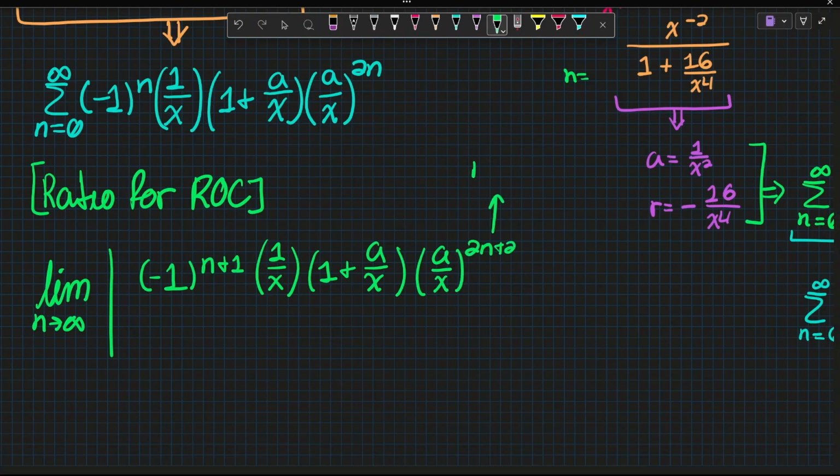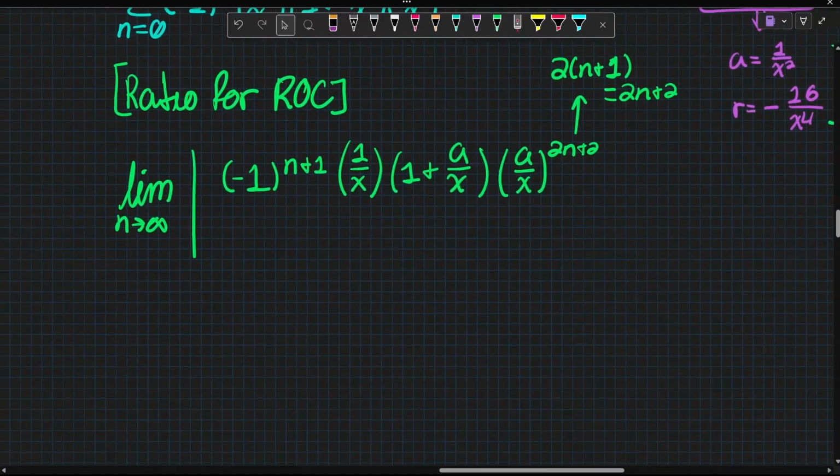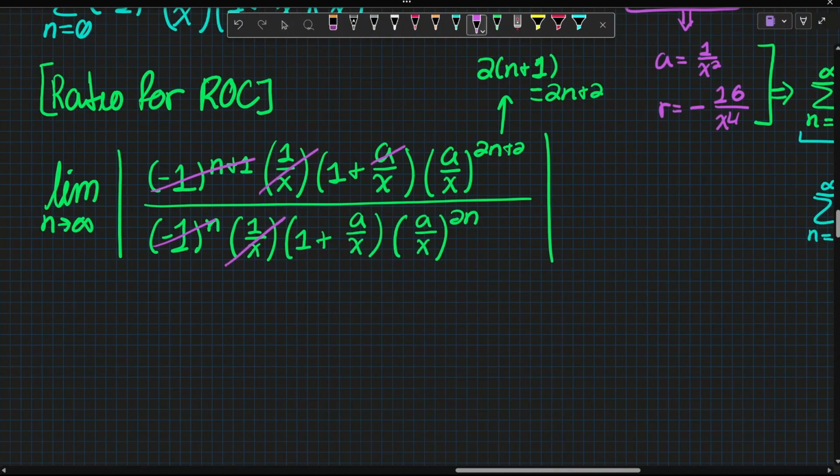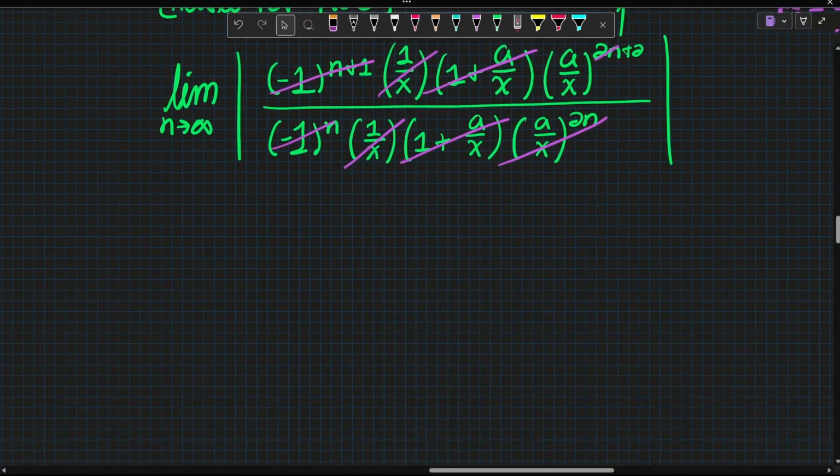I got this from the fact that it's going to be 2 times n plus 1, which is equal to 2n plus 2. Now, we can cancel out these automatically regardless of what's on the bottom because it's absolute value. These cancel out, and here you're left with only a over x to the 2.